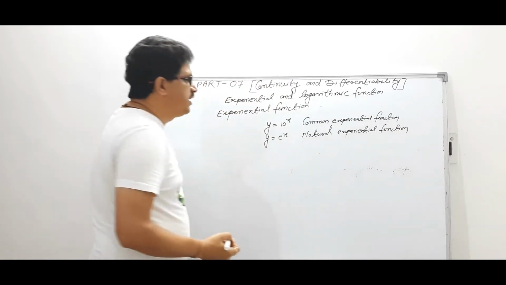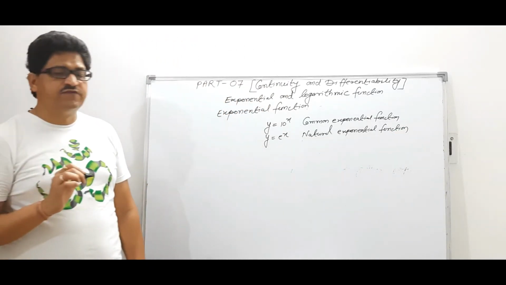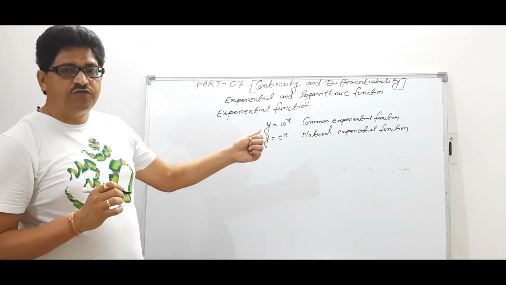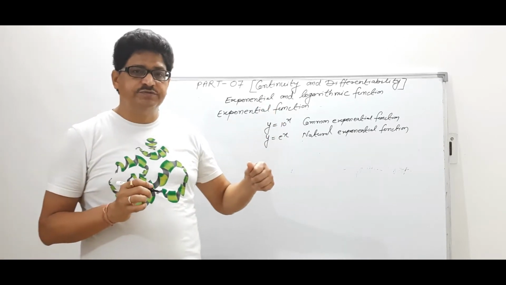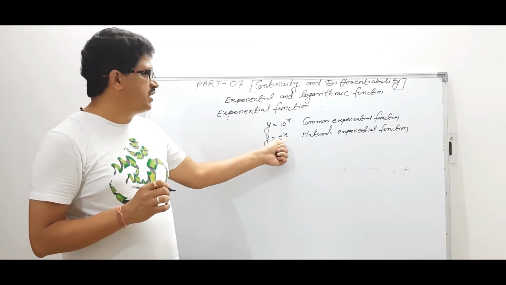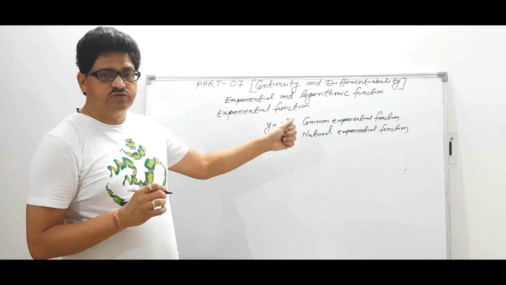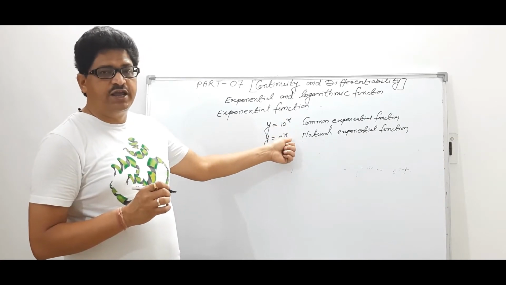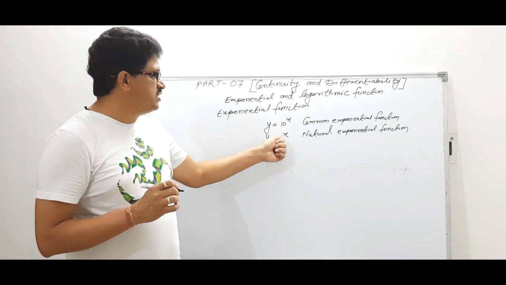You also know that e is an irrational number. If you put x equal to 0 here, you will get e raised to 0, which is 1. If you put x equal to 1, the value of y is equal to e.